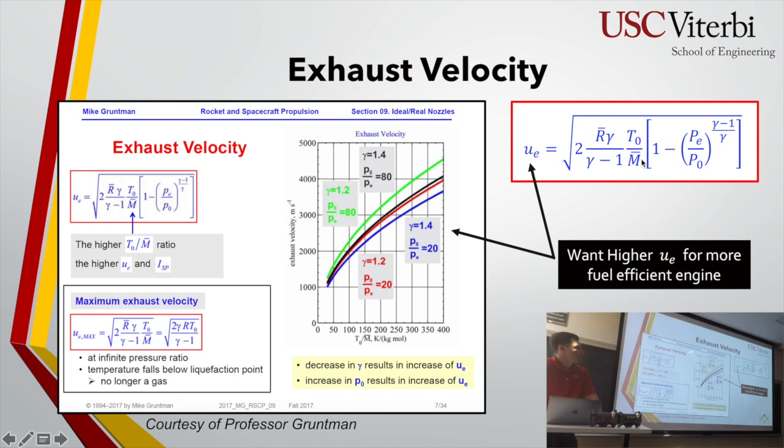This tells you that for a higher temperature, you're going to get a higher exhaust velocity. So ideally, you want a higher temperature. But then it's over your M bar, so if this is larger, then the velocity is going to be lower. So you want this to be as light as possible, and this to be as high as possible.